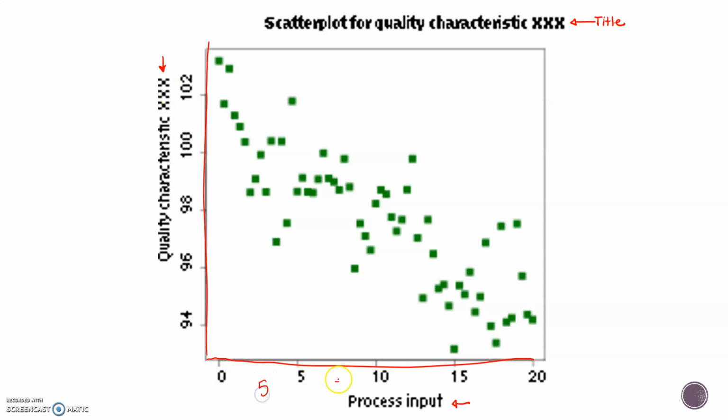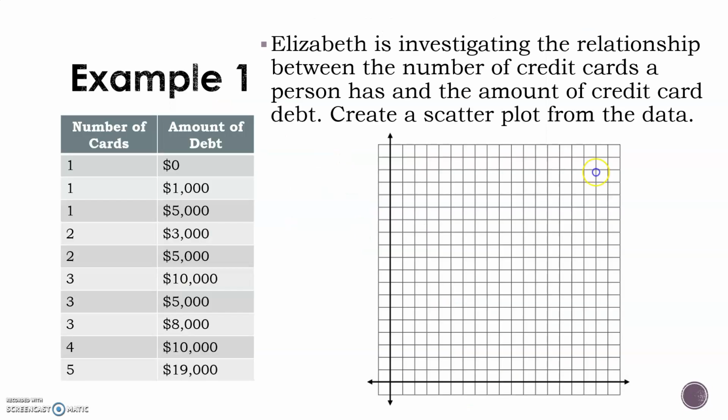This is an interval of 5, 5, 5, 5. Along here, granted, this is probably zoomed in, but we could put a line break in there. But there's an interval of 2, 2, 2, 2. So they're counting by consistent numbers. These are all the important things that we need to include on our scatter plots.